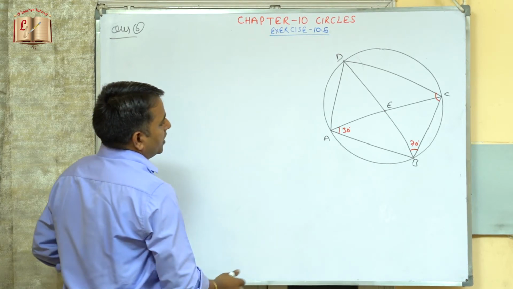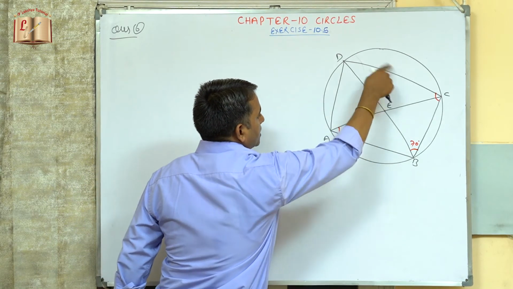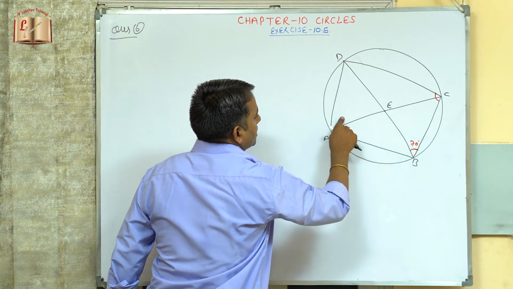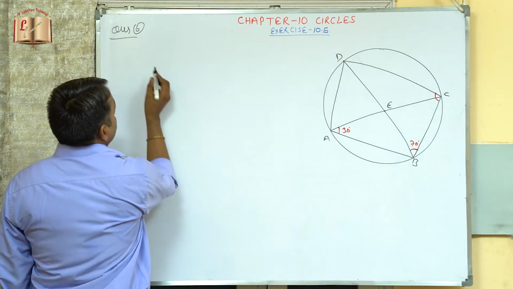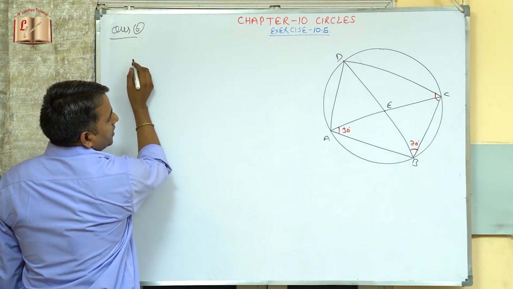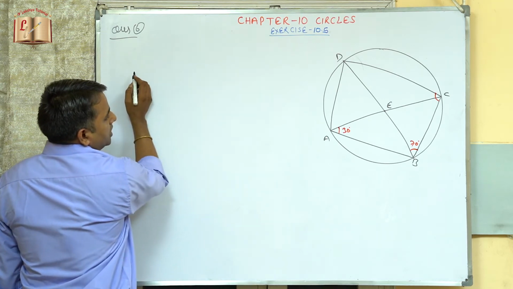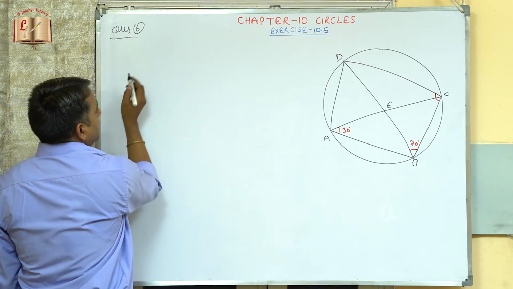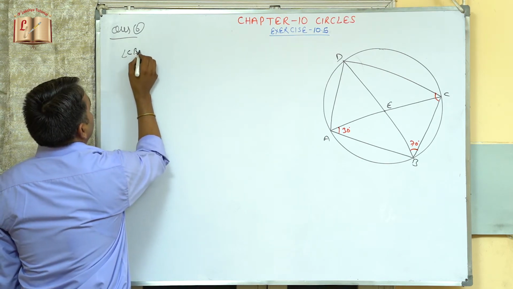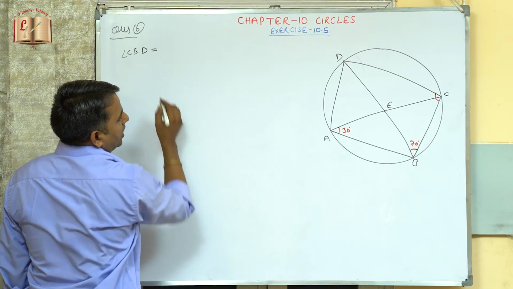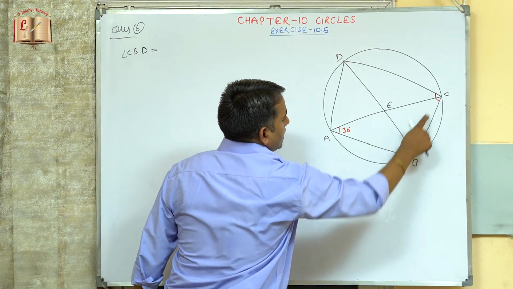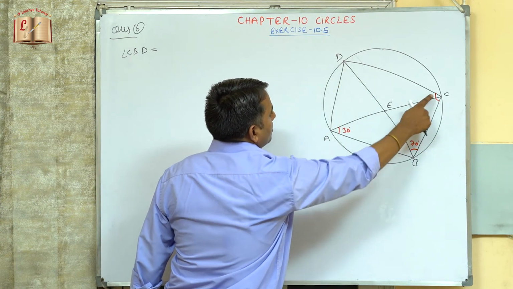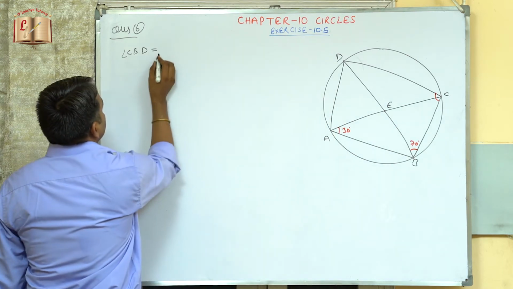So now see that if we take up this base, so this angle will be equal to this angle. So angle CBD will be equal to angle CAD.